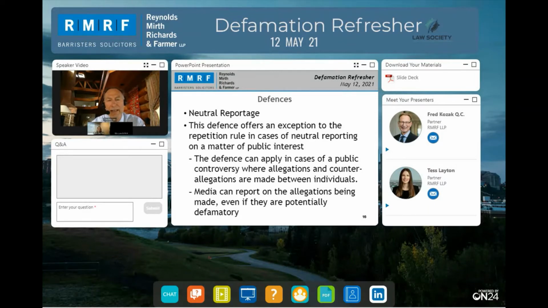So essentially, if you're a reporter or you're commenting on a controversy, if you fairly cover both sides, let's say there's a dispute between two members of the legislature from opposite parties, and they're going back and forth at each other about an issue of public interest, merely reporting on that and doing it in a balanced way won't get you into trouble as long as the reporting is neutral.